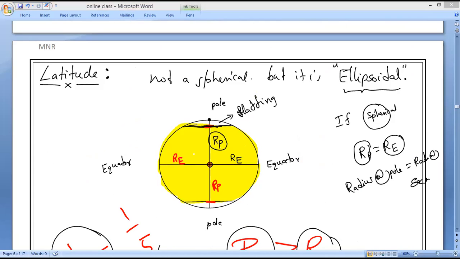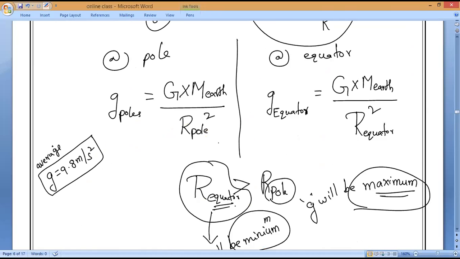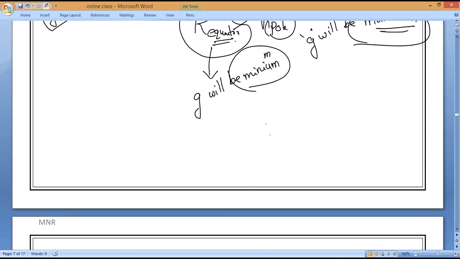So what you have written? Right. The shape of the earth is not spherical, but it is ellipsoidal. So now I will give you one question, Mr. Harizeras. I will give you GE, the acceleration due to gravity at the equator, and GP, the acceleration due to gravity at the poles.